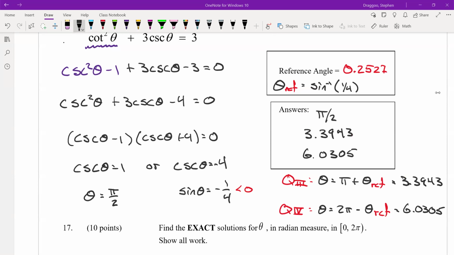All right, so questions from Zoom. For question 16, could we use the quadratic formula instead of factoring? Yes, absolutely you could. And why is it -4?